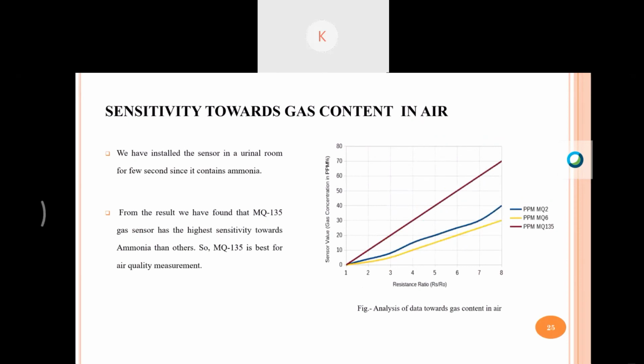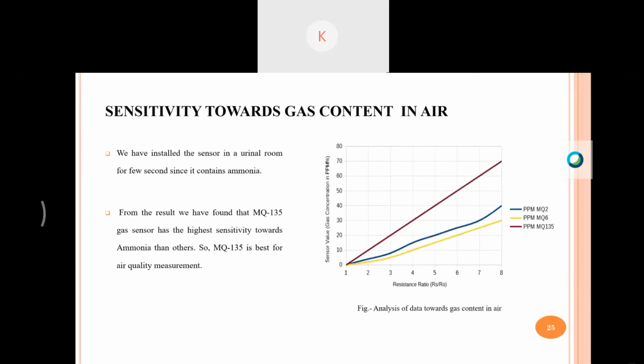Normally, we have used carbon monoxide, LPG, and ammonia, because in our practical environment, if a fire happens in a house, then carbon monoxide is emitted from the fire. So our system is not only for analyzing the sensitivity of different gases, but it can be used as a safety device or portable device, which can be installed in different types of home applications or offices.